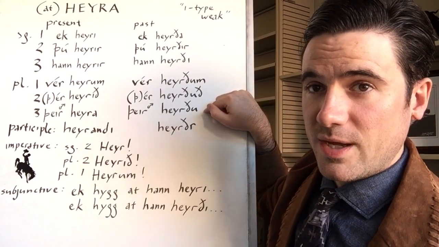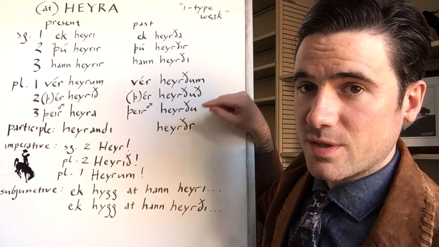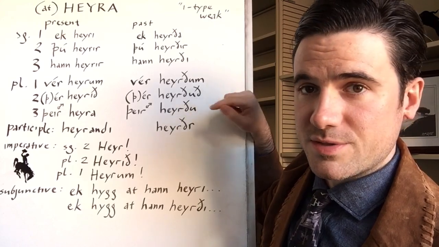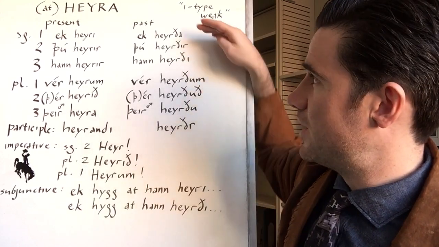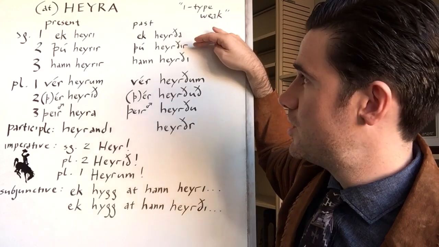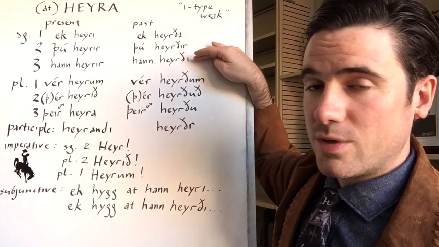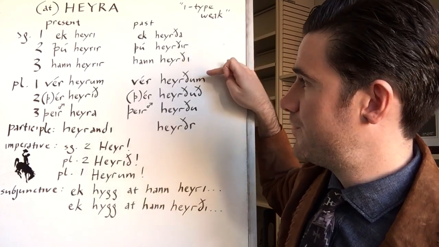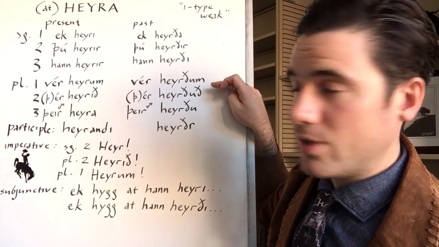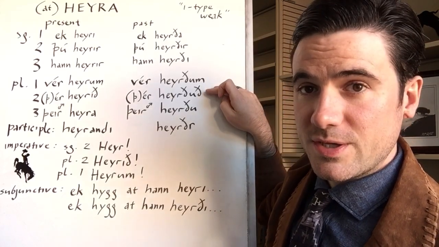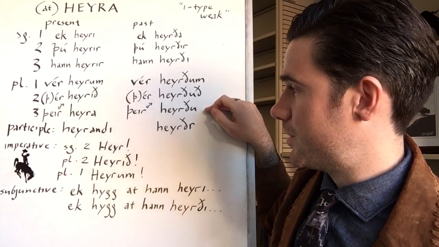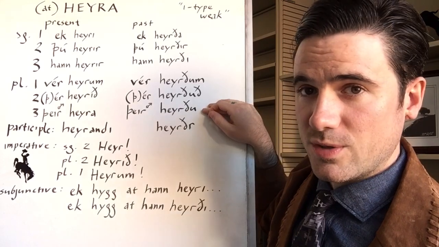This will also be how A-type weak verbs work with another letter inserted before the eth, as we'll see. So ek hørða, I heard, þú hørðir, you heard, han hørði, he heard, ver hørðum, we heard, þeir hørðuð, y'all heard, and þeir hørðu, they, masculine, heard.